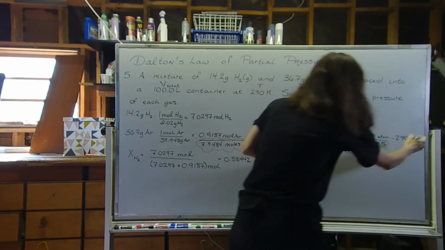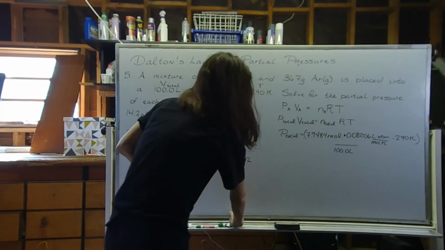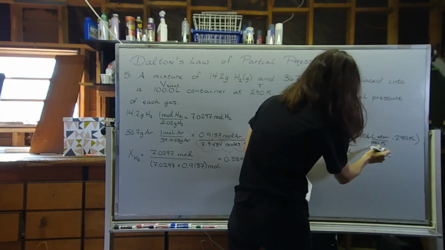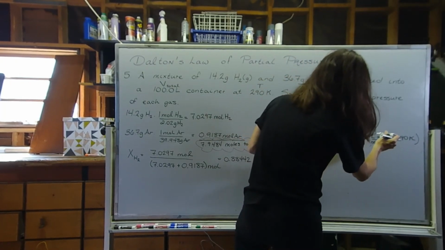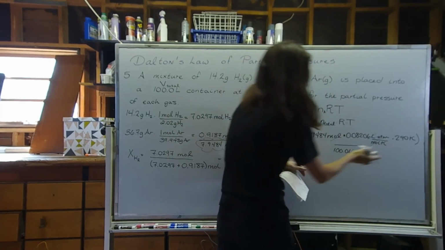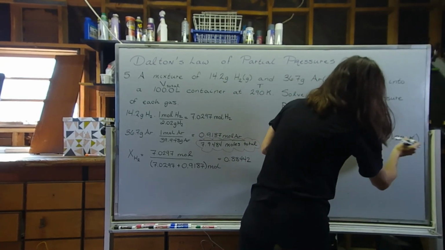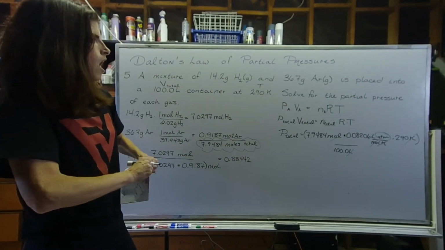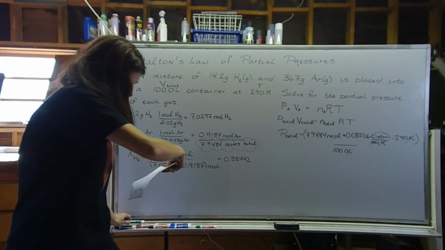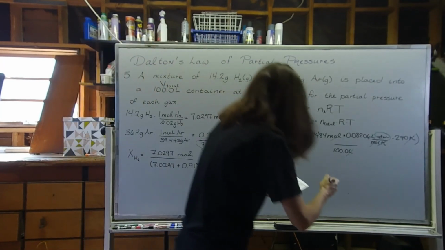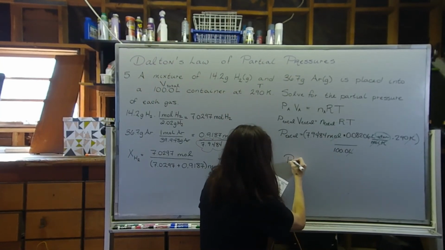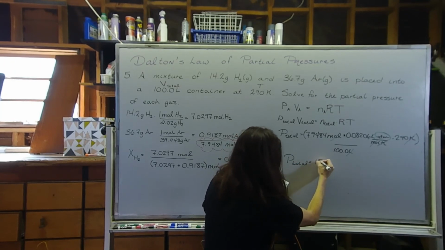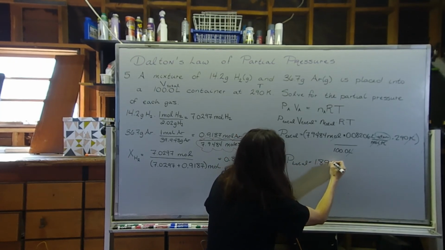Let's see how the units are canceling and what we wind up with. So moles canceling with moles, volume with liters, Kelvin with Kelvin, and I'm just left with atmospheres. So perfect. When I did that earlier, I got a total pressure of 1.8915 atmospheres.